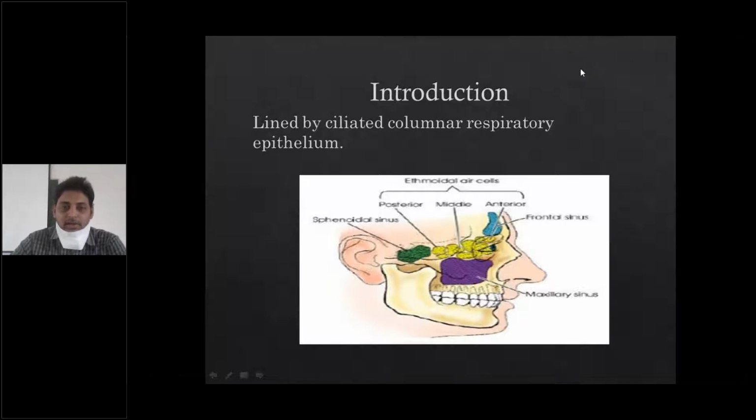Ciliated because the nasal and paranasal secretions, which are produced in the nasal cavity, have to drain naturally, so the cilia help in the movement of the mucus secretions. And columnar because in traumatic situations, columnar epithelium is stronger than squamous epithelium.